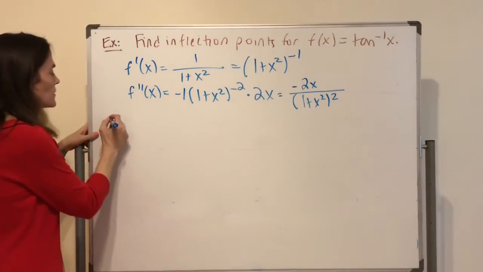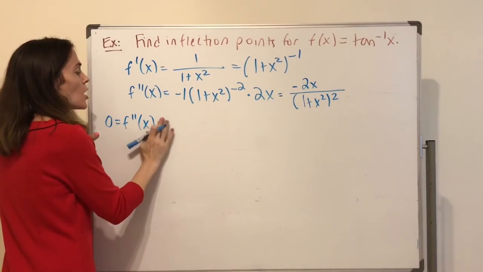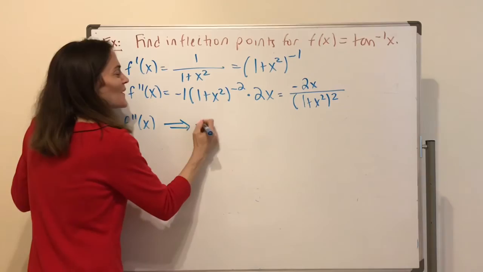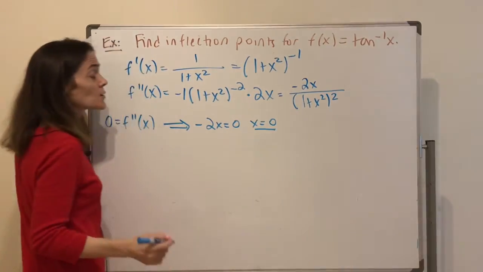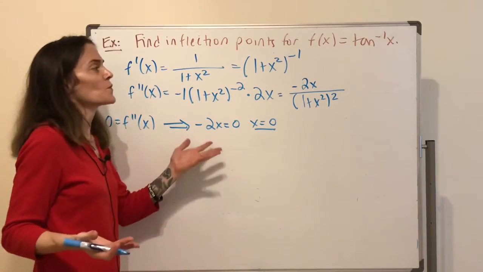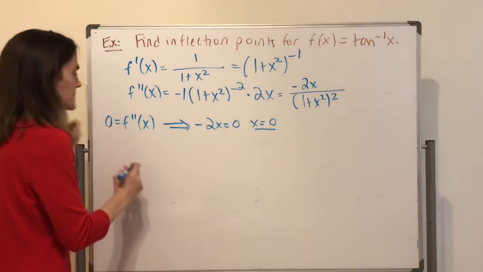So the only possible places we may have inflection points are where the second derivative is 0. A fraction is 0 only when the numerator is. And so let's check. Now you can't just conclude x equals 0 is an inflection point, not with the work we have so far. There is something to verify, okay?